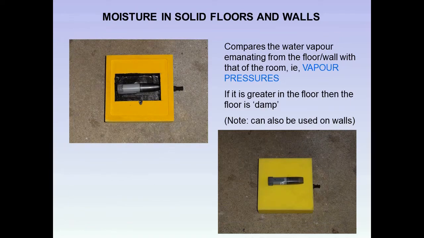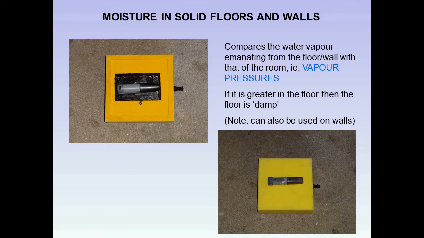And we can also look at moisture in solid floors and walls, and we can do this by using these little hygrometer boxes, and it compares the water vapour emanating from the floor, or we could use it for a wall, with that of the room. We're looking at the different vapour pressures.